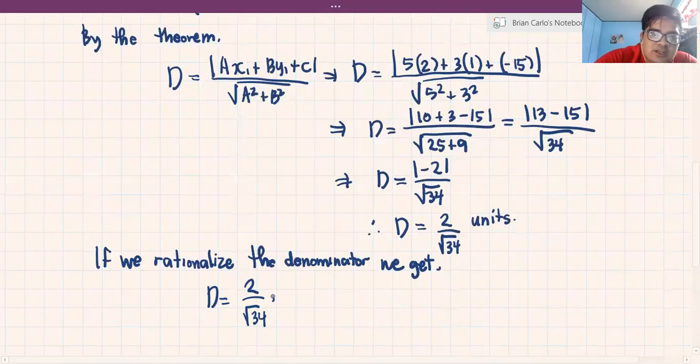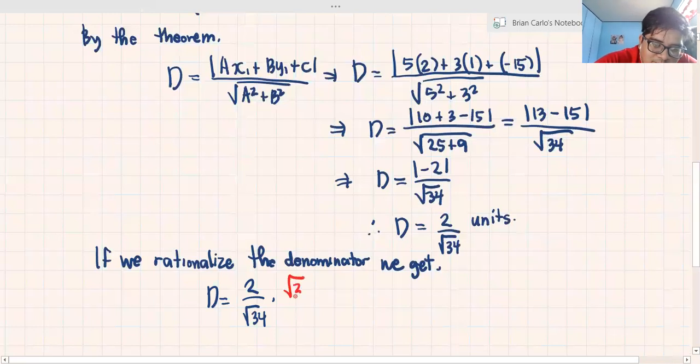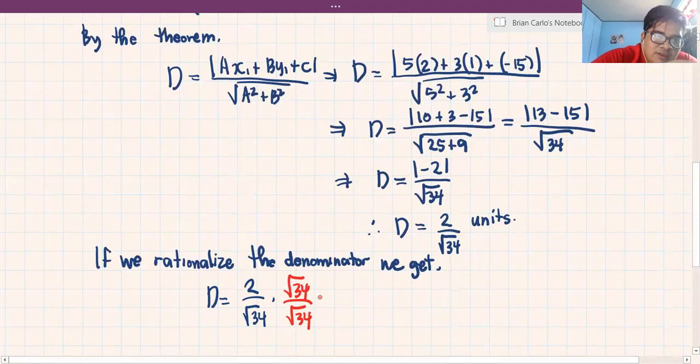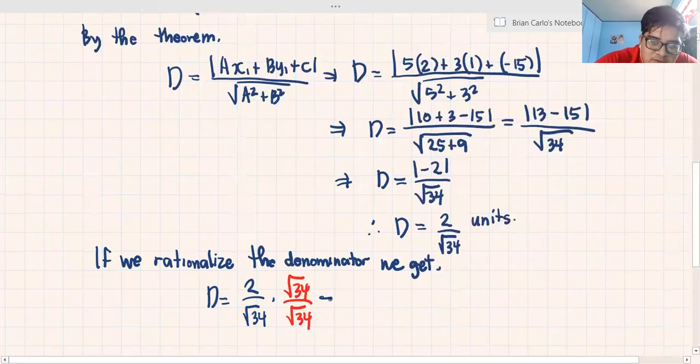Imumultiply natin siya sa denominator na square root of 34. Multiply top and bottom by square root of 34. Magiging is equal to 2 square root of 34.